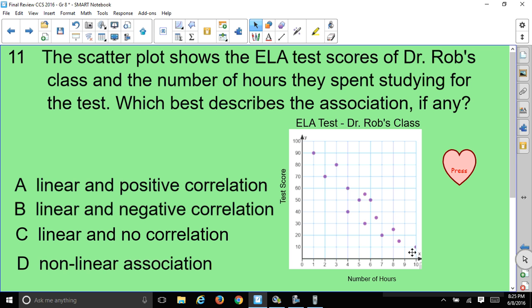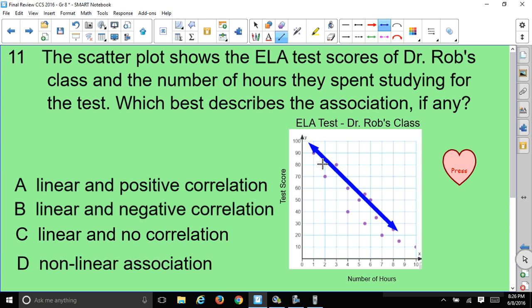So the grades seem to be going down as we go to the right. As the number of hours increase, the grades seem to be going down. And they seem to be making a line. So if I were to draw a line of best fit, that would be my line right there. So it would be a negative line.